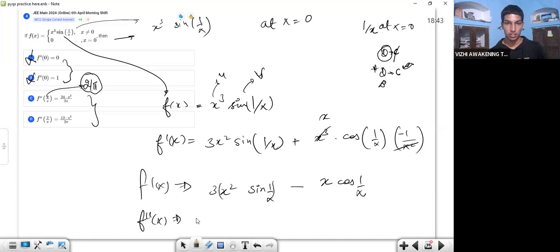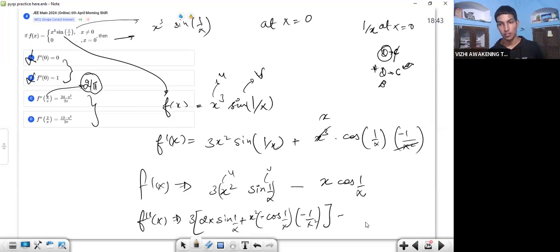Taking 3x square as u and sine of 1 by x as v, we get u dash v plus u into v dash, that is cos 1 by x into the differentiation of 1 by x, which is minus 1 by x square.